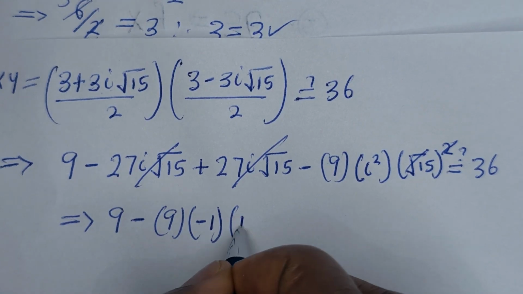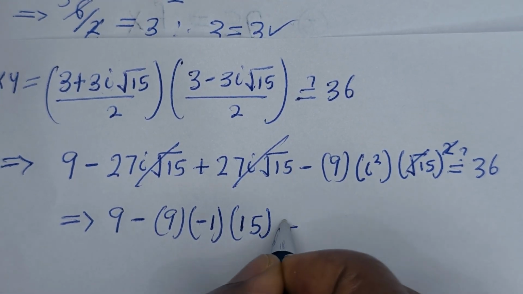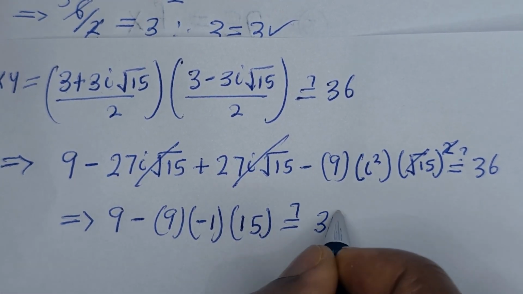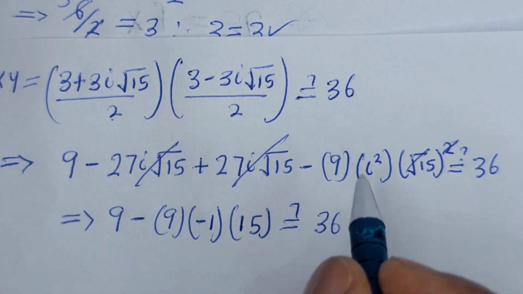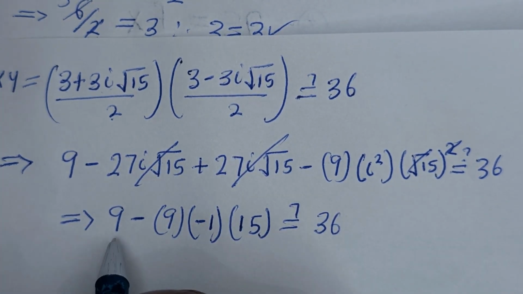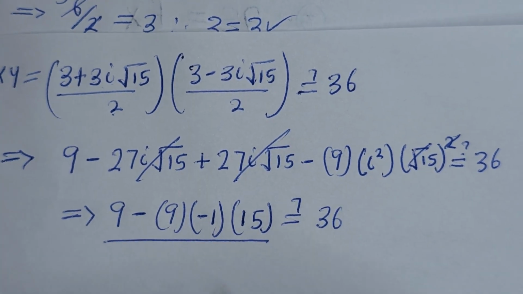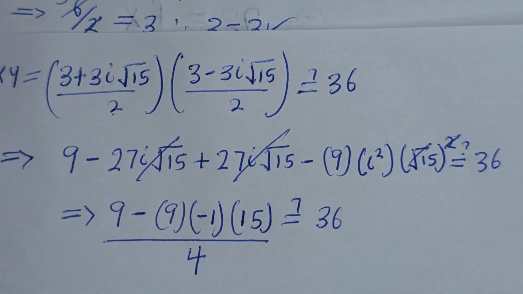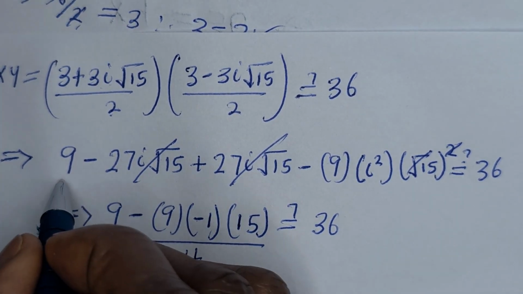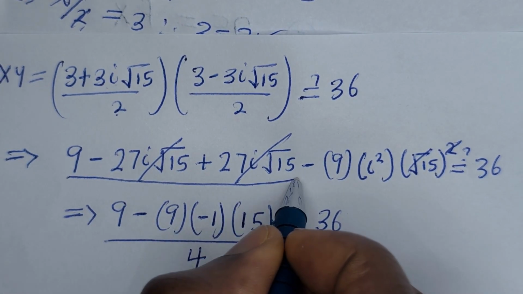That is 15. Must be equal to 36. Now remember here we have 2 times 2, 4. So everything here is over 4, and this is also over 4.